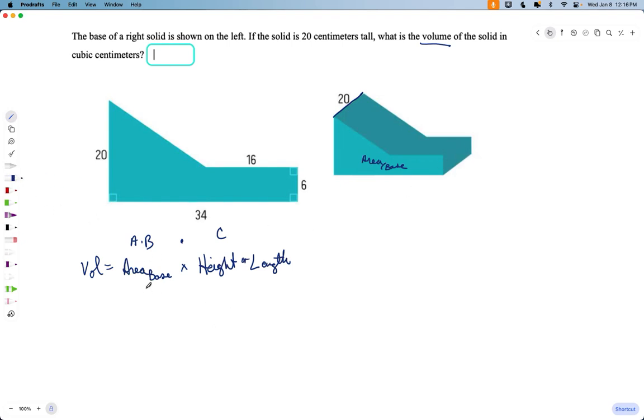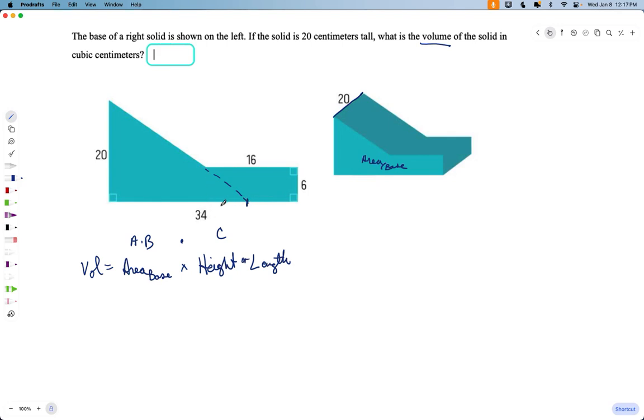All right, so area of the base. Here is our area of the base. There's two ways we can look at this. We could look at it as if this were a triangle, but then we would not have this dimension here, and we wouldn't necessarily know where this stops and starts on the 34.